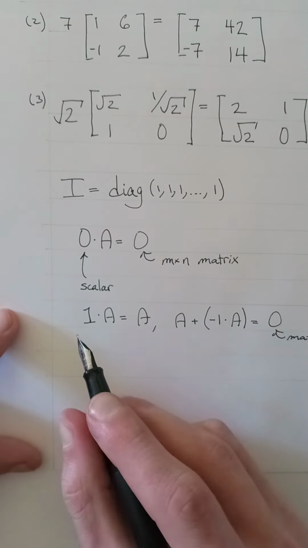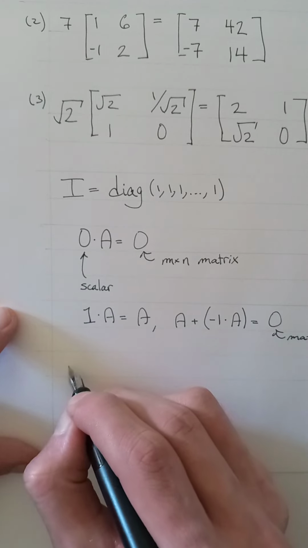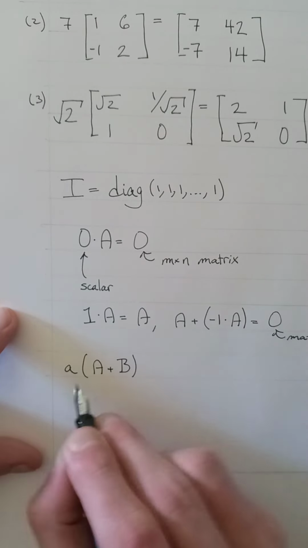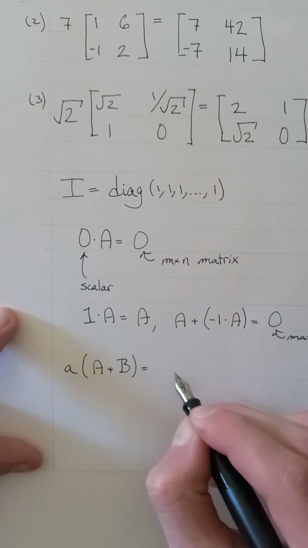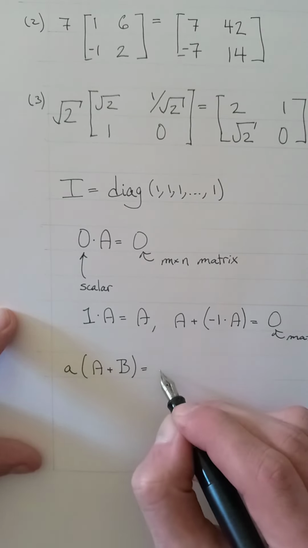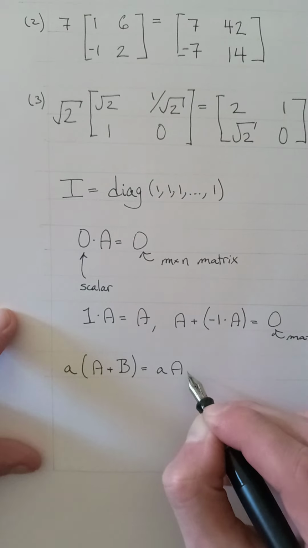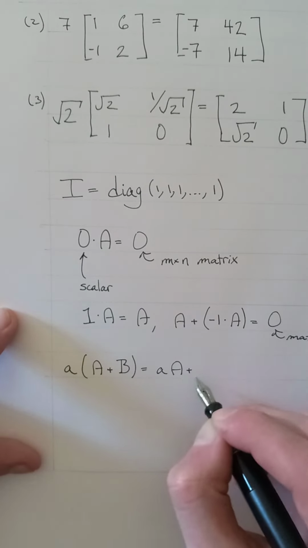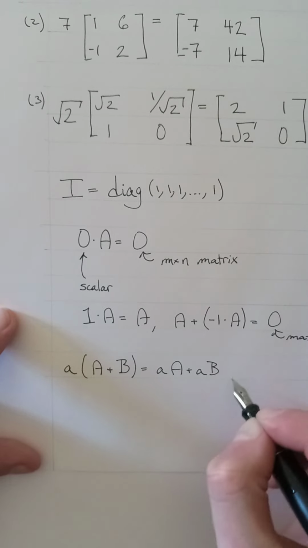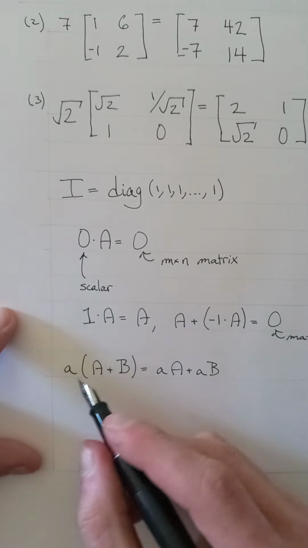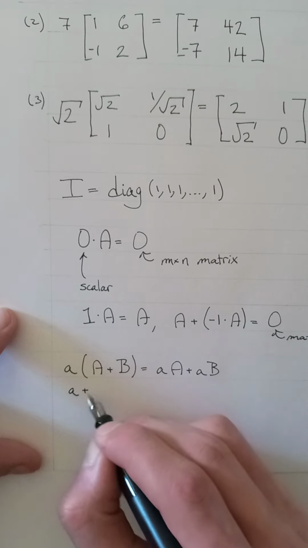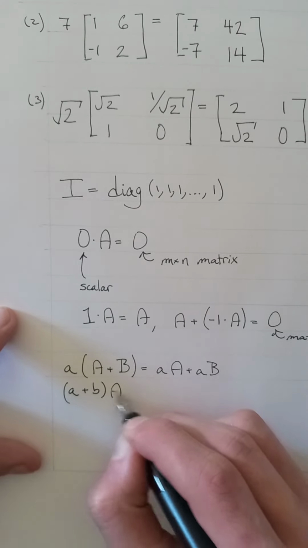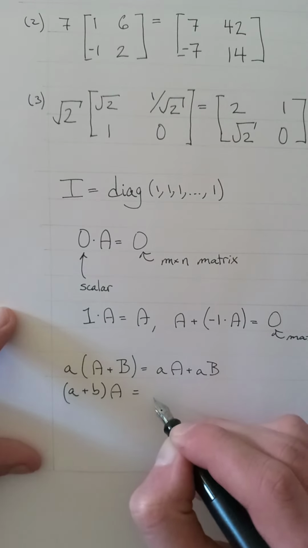What else? We have distributivity, so scalar multiplication distributes over matrix addition. So this is the same thing as the scalar c times A plus the scalar c times B. What other examples could we think of? Scalar multiplication also distributes over scalar addition.